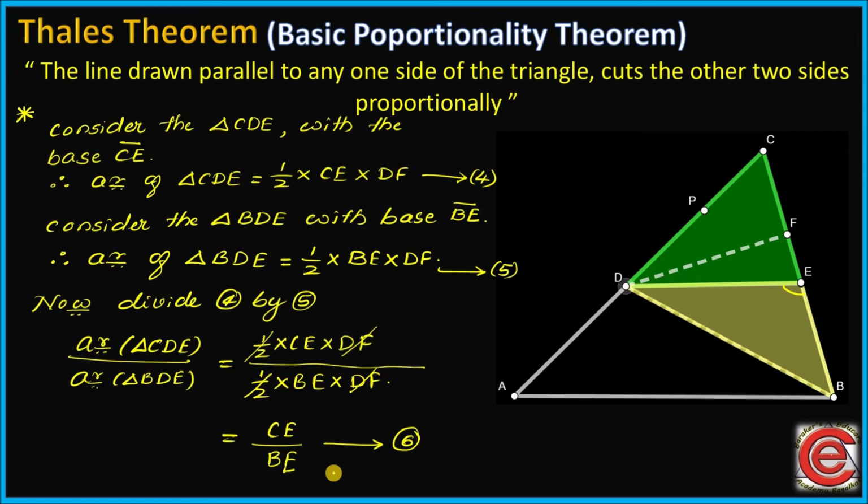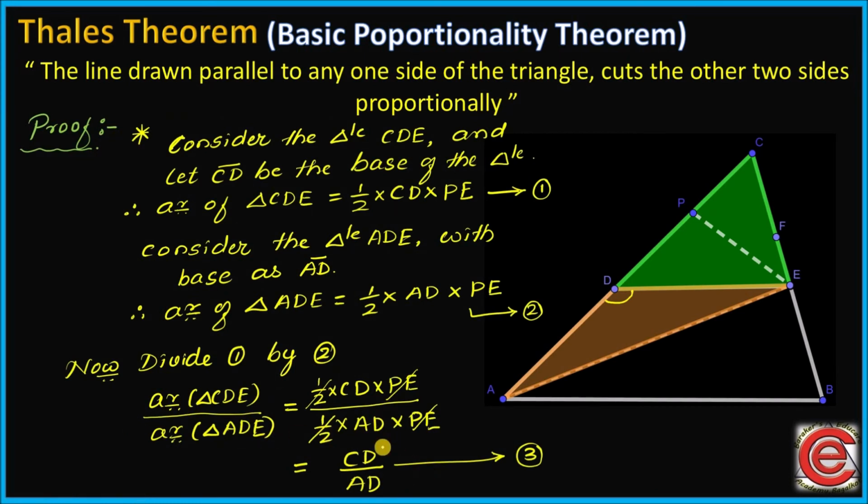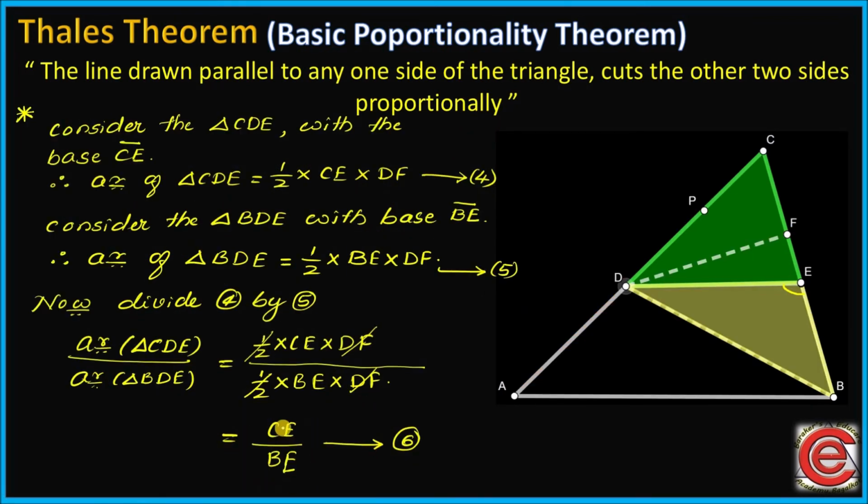Now the very important part is comparison of equation 3 and equation 6. In equation 3 we got one result related to the areas of the triangles, and in equation 6 again we got one result related to the triangles.